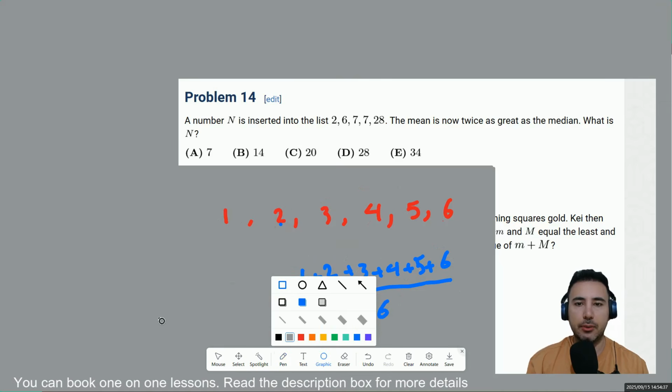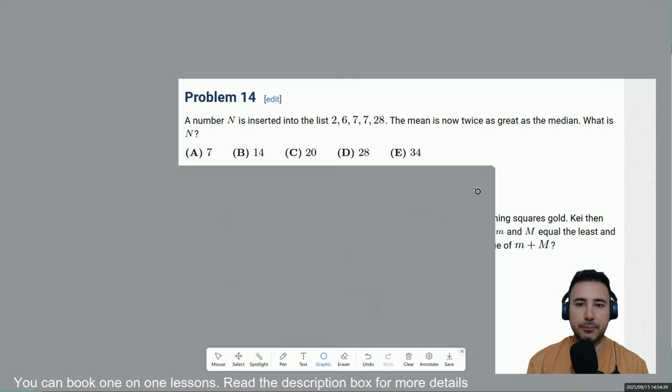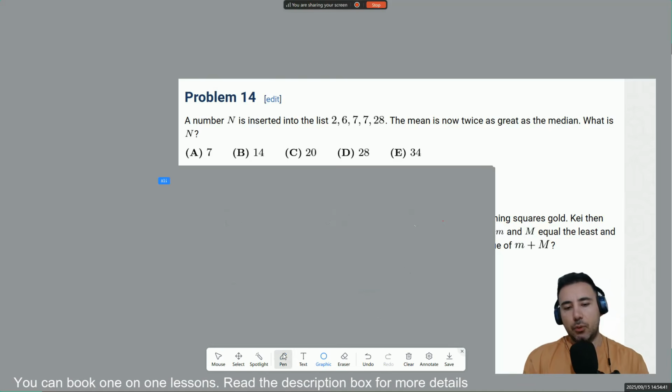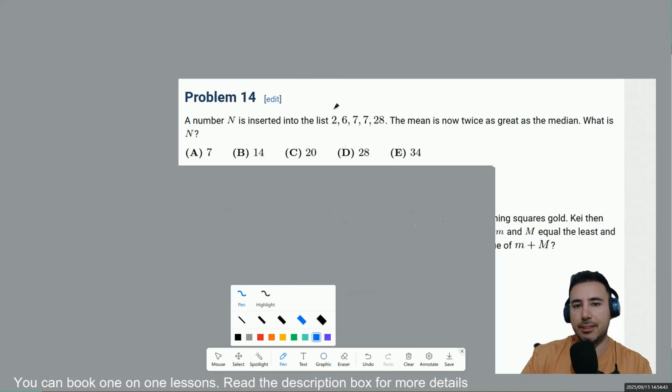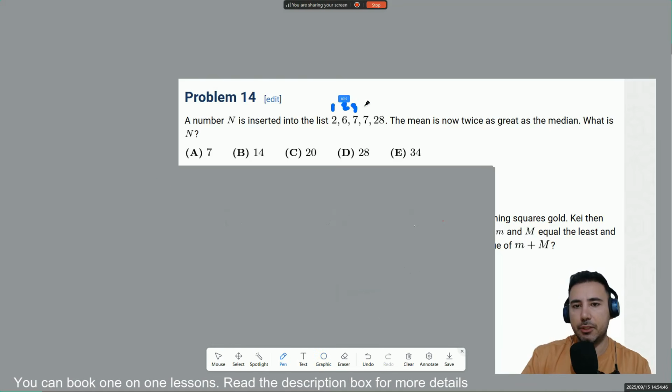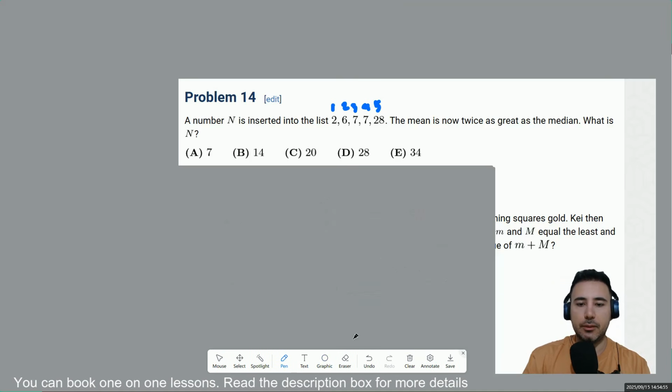Now let's go and deal with the question here. Let's count the numbers that we have. This is our first number, second number, third number, fourth number, fifth number. Before we add n, what is the median? The median would be the third number, right?